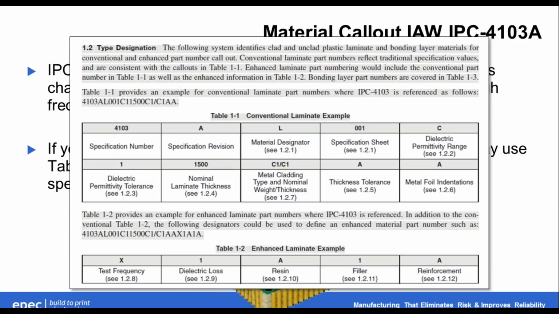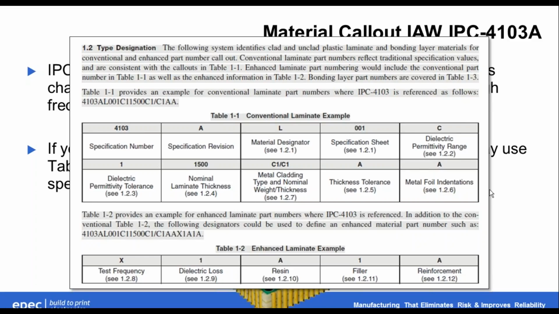This is a similar code to what is used in 4101, where each one of these designations here correlates to something on the table. So 4103 being the spec, A being the revision number, et cetera, the copper weight. So all of these things in this first table are what you would find in the other spec, 4101.